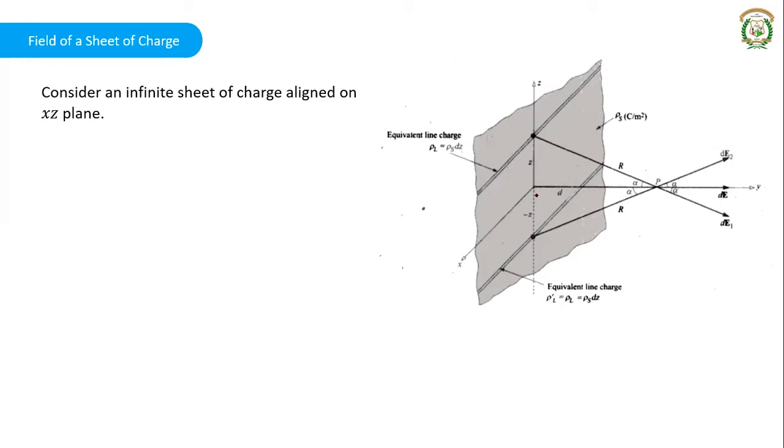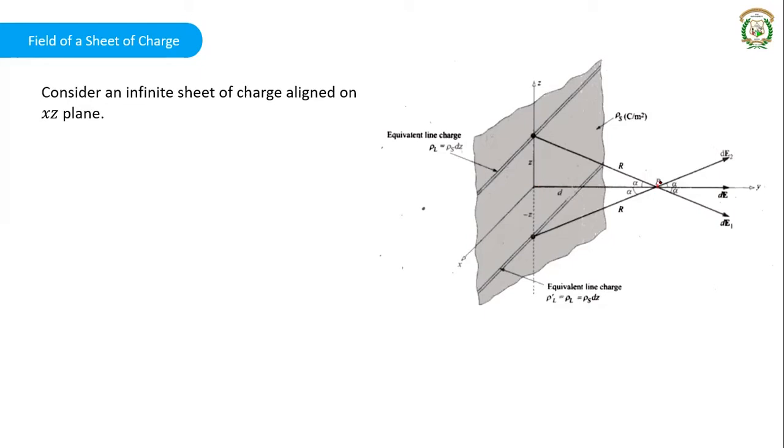We will try to get the expression for the electric field intensity due to this sheet of charge at a certain point P, which is at a distance D from this infinite sheet of charge.